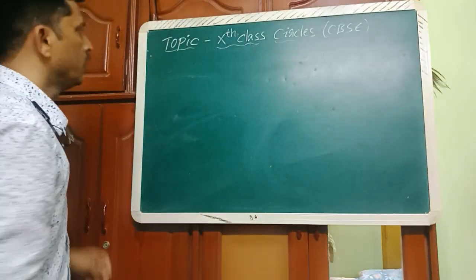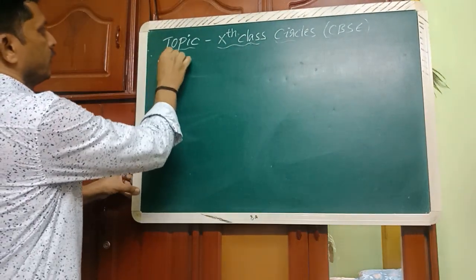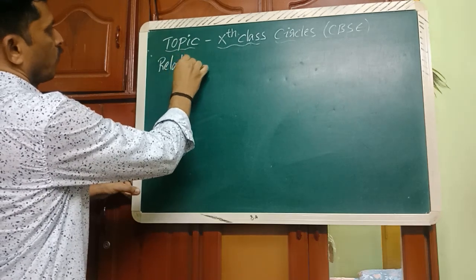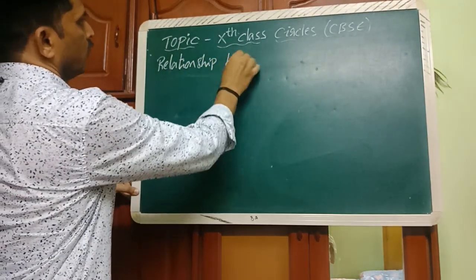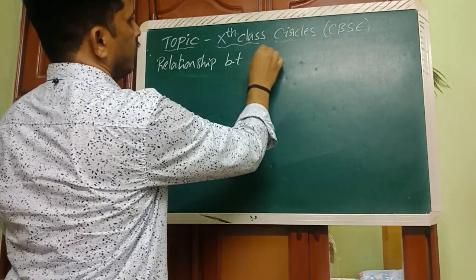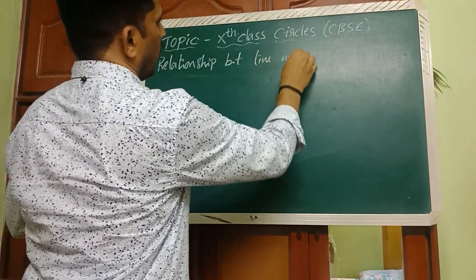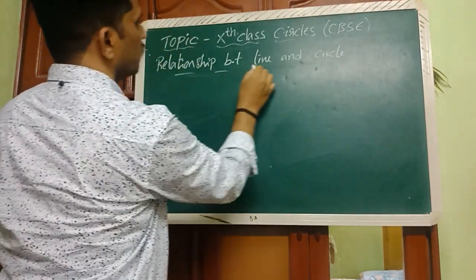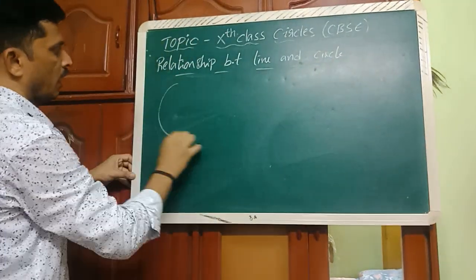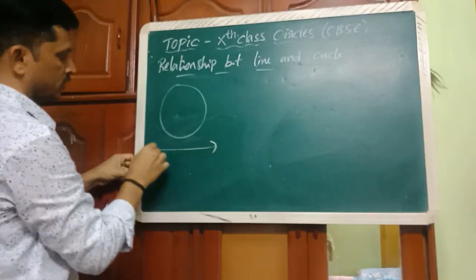Next one is the relationship between a line and a circle. See here, I drew some diagrams.